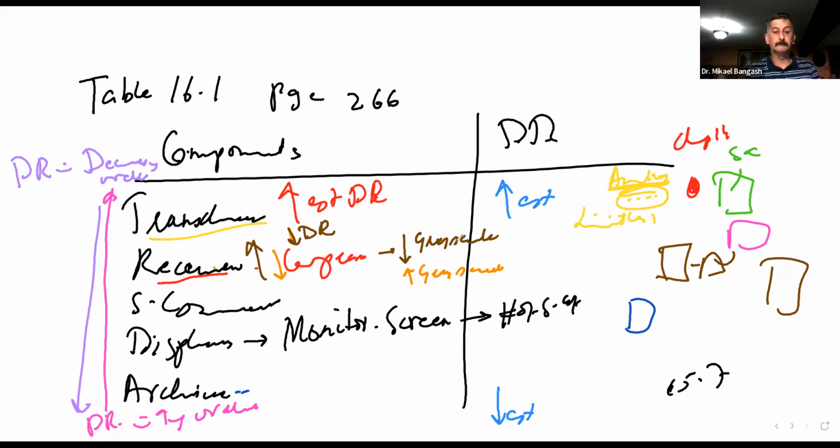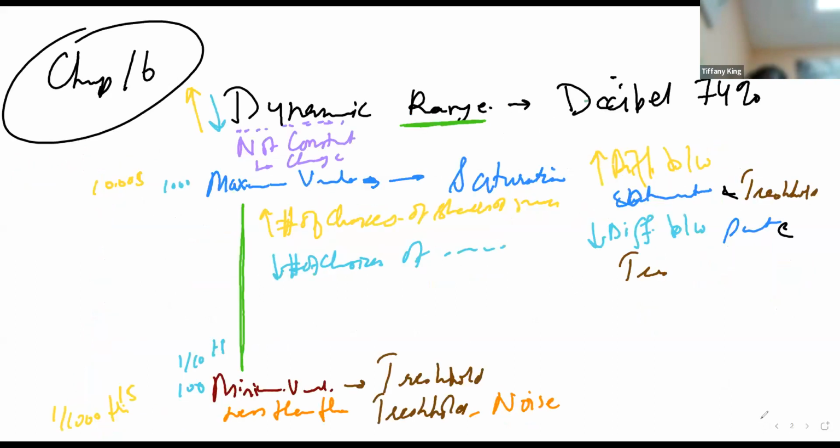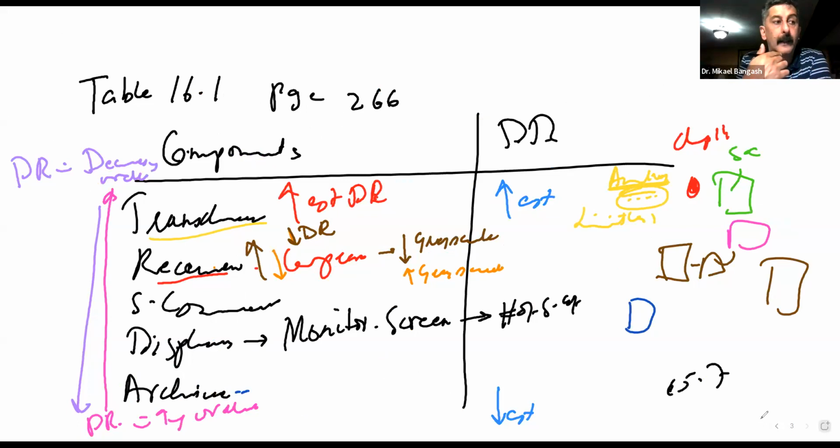Clear? Okay, yes, Dr. King. So lesser the dynamic range, would that help the contrast or would it not help the contrast? Well, you're not going to compress it so much that you only get bistable, right? Clear?